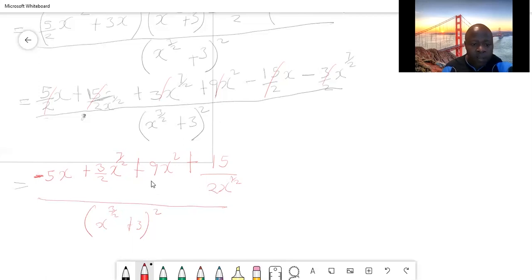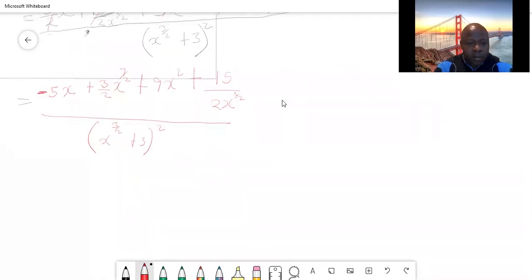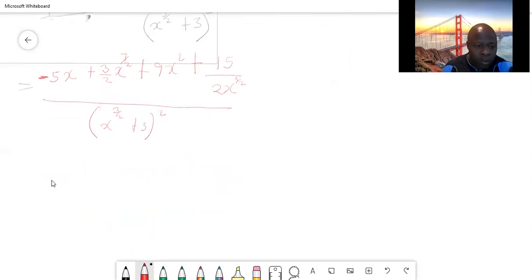Our numerator can simplify it further. But somebody may want to stop at that, but there's no harm in going further, so that we have our denominator as 2x raised to a half multiplied by x raised to 3 over 2 plus 3 square.